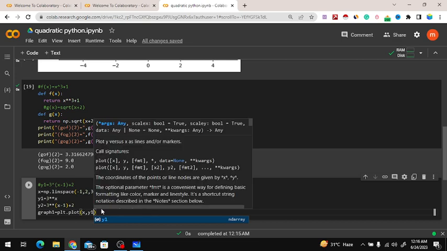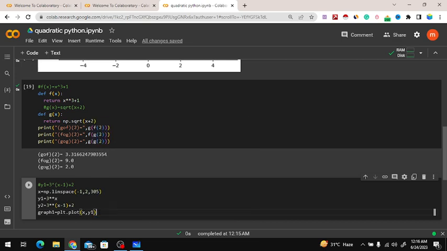And another graph, graph 2. So copy and paste. It's graph 2, x and y2.